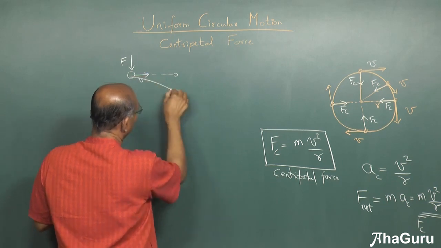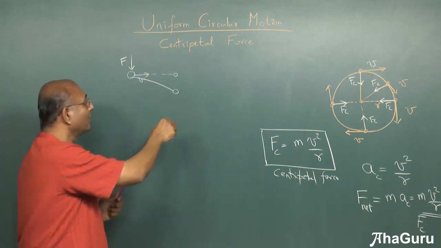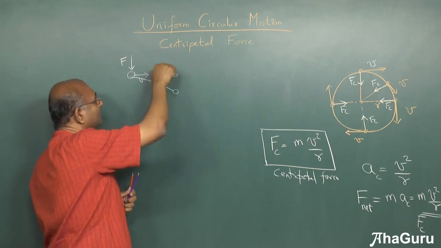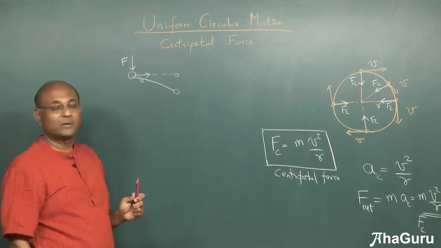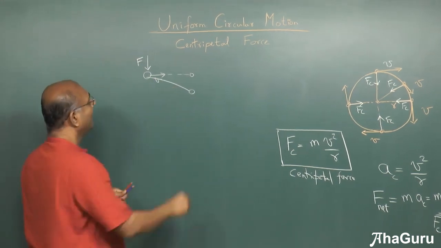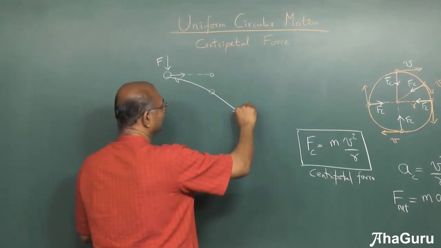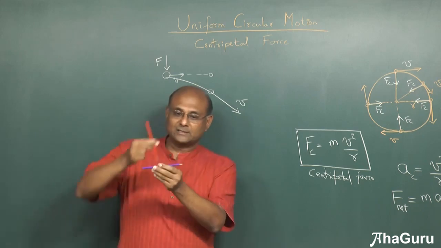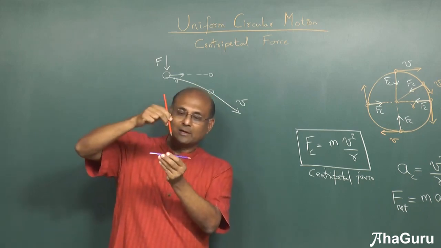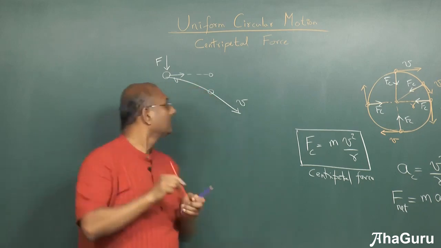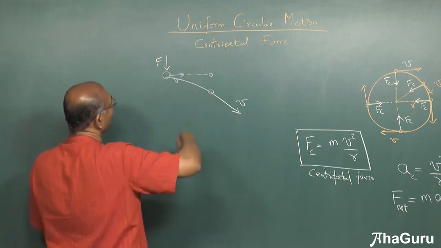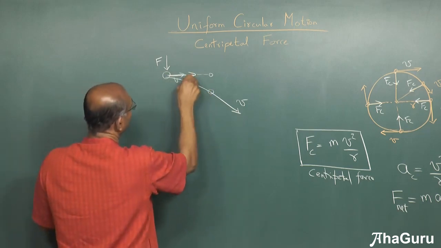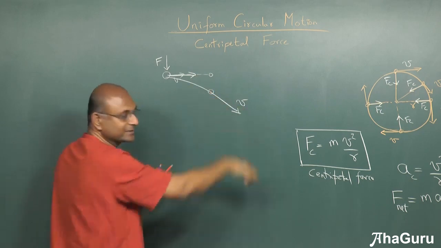What made you go down like this, instead of going straight? Because of this force. And now my velocity is in this direction. If I had this velocity and this force pushed me down, my velocity turns. What used to be this velocity is now this velocity.